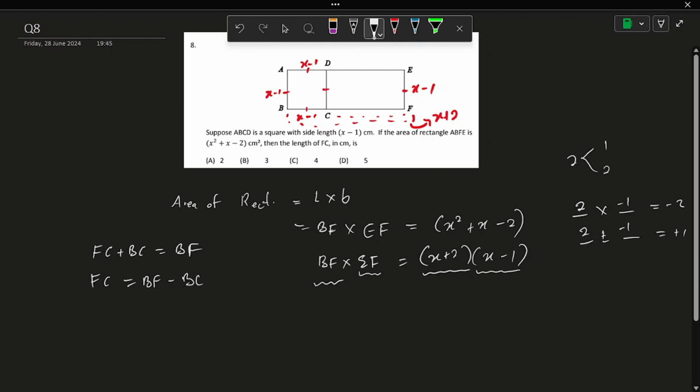So BF, we just found that BF is x plus 2 minus BC, which we were told was x minus 1. So in this case, we can have x plus 2 minus x plus 1. X and x cancel out. 2 plus 1 equals 3. And 3 is our answer, which is B.